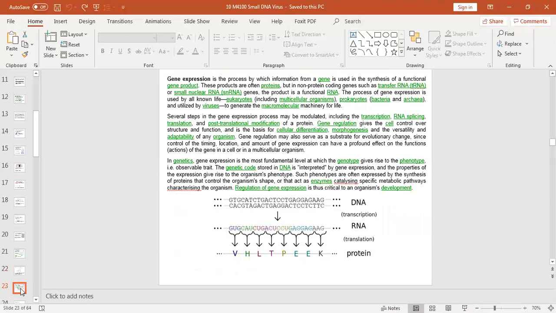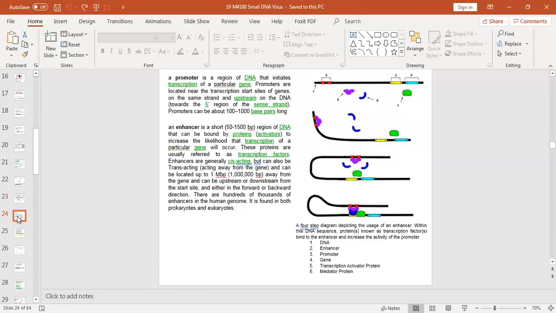Slide 23 is the process of gene expression, which I'm sure you have had some of in previous courses, but for the sake of completion, I want you to familiarize yourself with this and freshen up your memories. Slide number 24, by the same token, talks about promoter region and enhancer region.